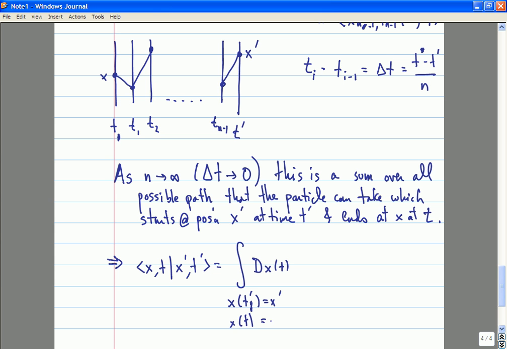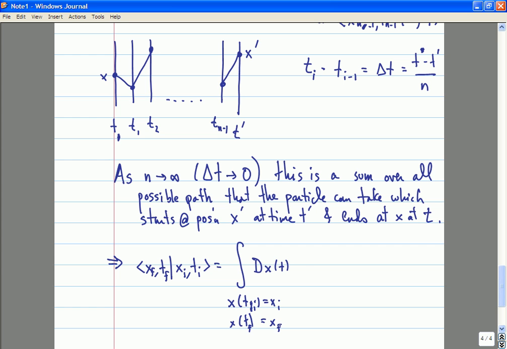Okay. In order to keep the notation from getting too confusing, I'll rename these x final, t final, and x initial, t initial, just so that I'm not using the symbol x in too many different ways. So x at t initial is x initial, and x at t final is x final.